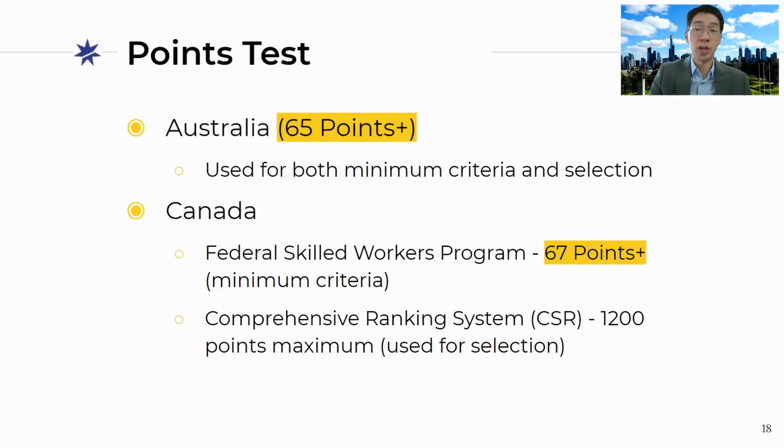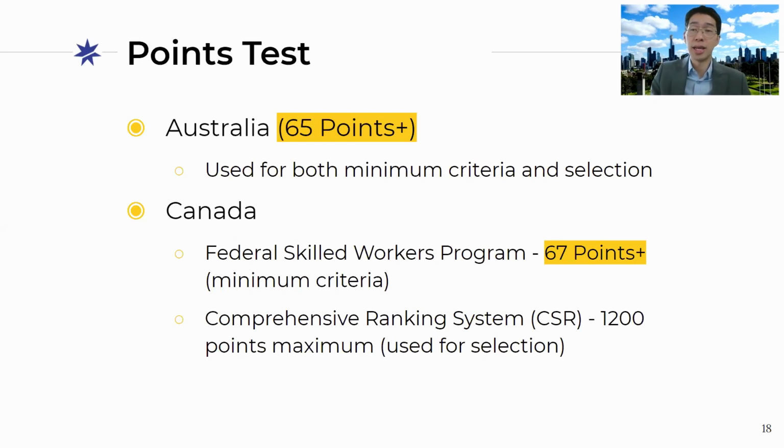Points test. Both countries run a points system. Australia's points system is used for both minimum criteria and selection. What that means is that you need to have 65 points as a minimum. You calculate points based on your age, your work experience, and so on, and from that, you have to have 65 points and above to be legally allowed to apply.